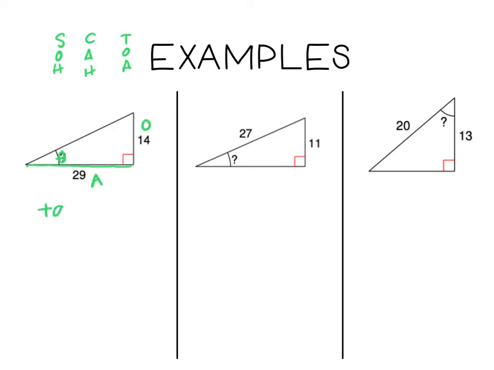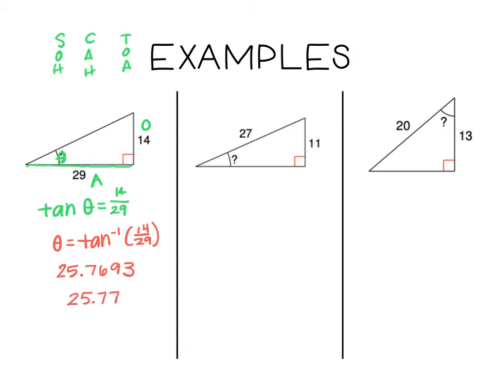The tangent of theta equals 14 over 29, so theta is the inverse tangent of 14 over 29. When I put that in my calculator, I get 25.7693. Rounded to the nearest hundredth, that would be 25.77.